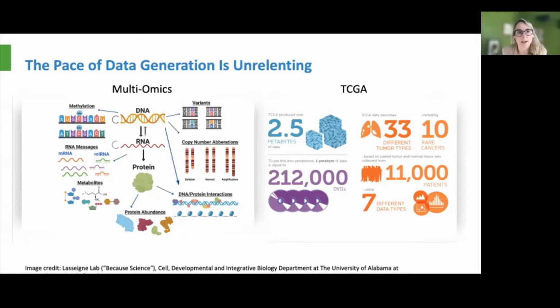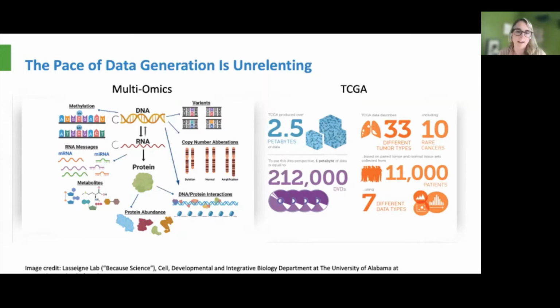And a great example, I'd say probably one of the consummate examples of large-scale data that we have access to now is the Cancer Genome Atlas, which I'm sure all of you are familiar with, where there's multi-omic profiling of 11,000 patient tumors.